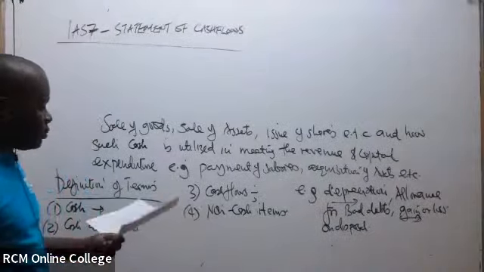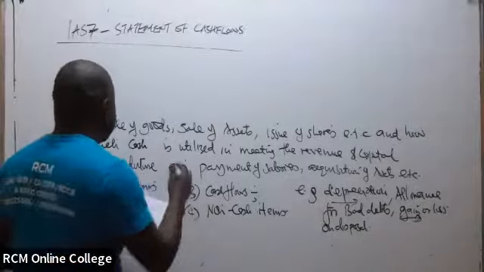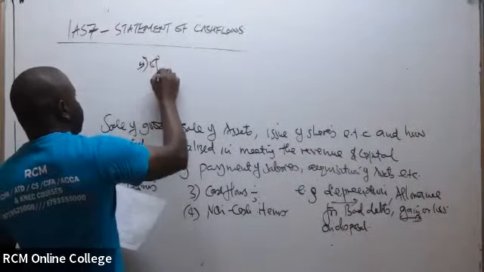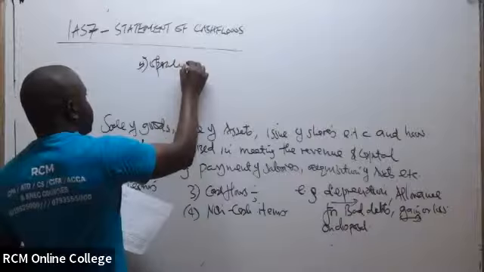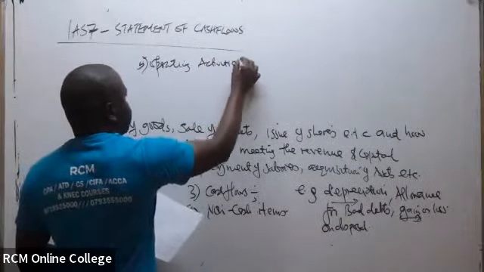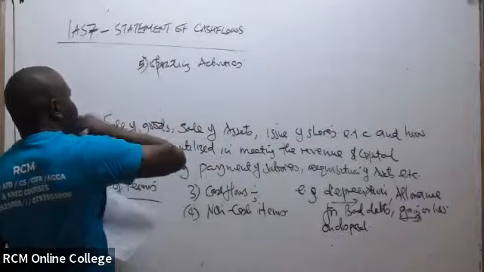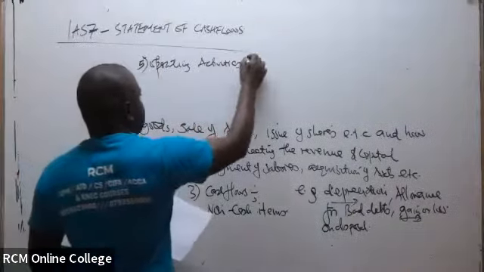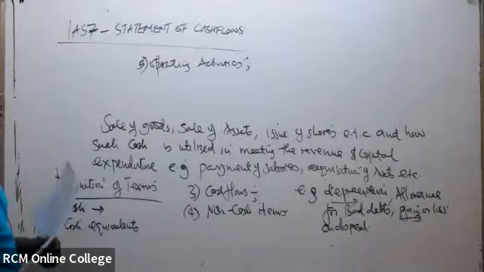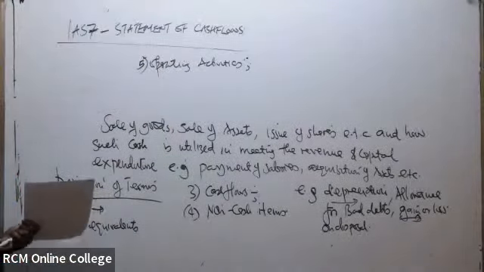Then another term we have is operating activities. So what are operating activities? It is one of the components of a statement of cash flow.